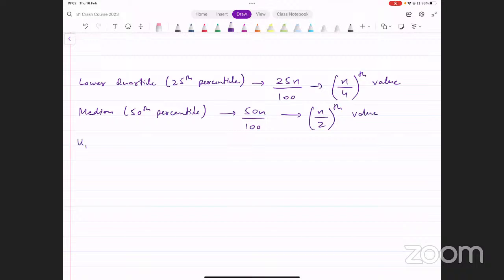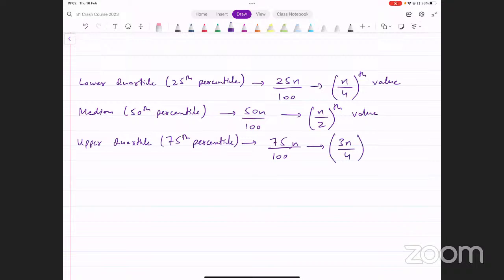And similarly for upper quartile, you have the 75th percentile. That's the definition of upper quartile. How do you calculate the 75th percentile? 75 over 100 times n, or 3n over 4. The value at this position is your upper quartile.